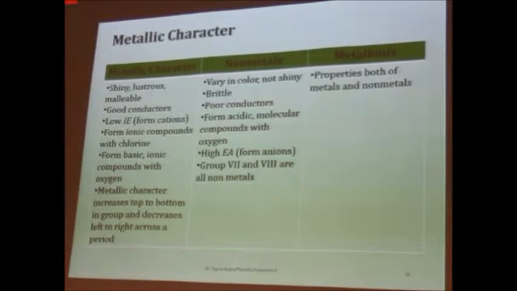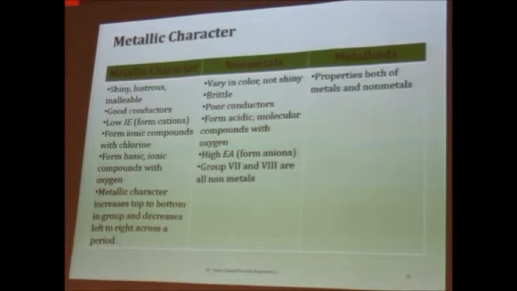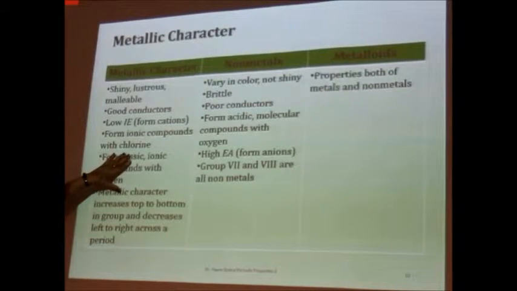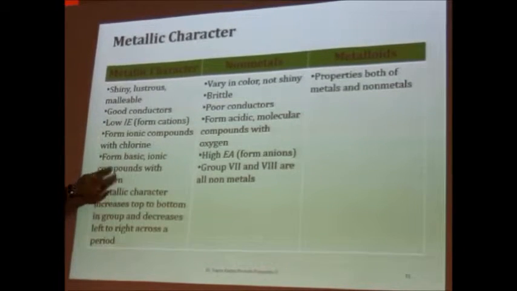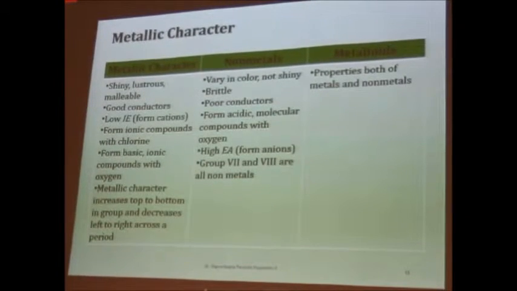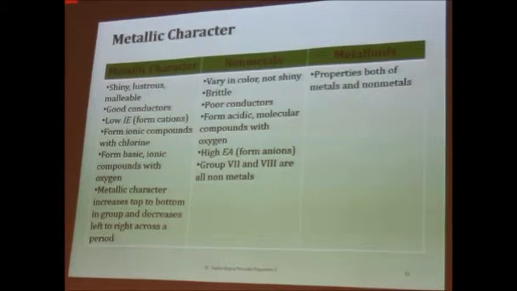There is one additional thing in here that was not there before, which is that most of the metals will form basic compounds with oxygen. This will come up again as we talk a little bit more about periodicity. And for non-metals, it's acidic. So they're opposite that way.